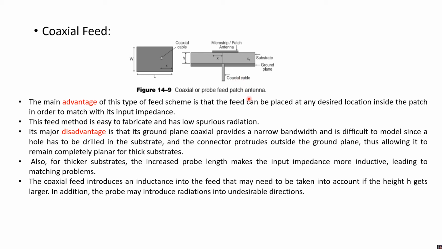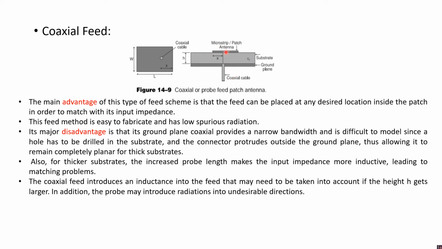Major disadvantage is the ground plane. You have the ground plane here. This will provide a narrow bandwidth and it is difficult to model since a hole has to be drilled in the substrate and the connector will protrude outside the ground plane. And also for thicker substrates, the input impedance will become more inductive and this will create a matching problem.